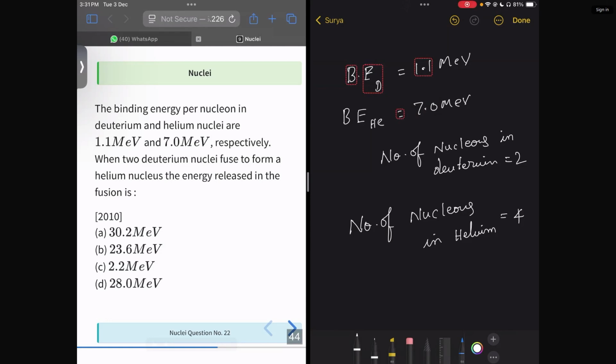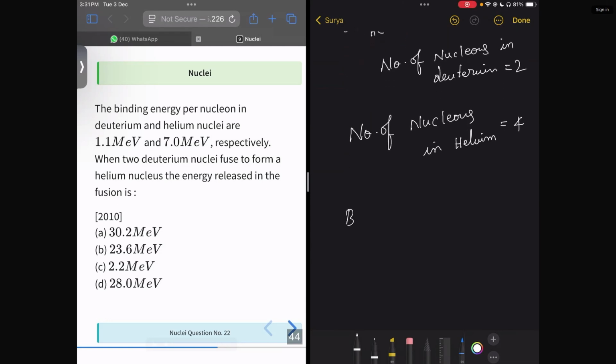equal to 4. So the binding energy of 2 deuterium nuclei initially is equal to 2 into 1.1 into 2, because 2 is the number of nucleons. So it will be 4 into 1.1, which is 4.4 million electron volt.